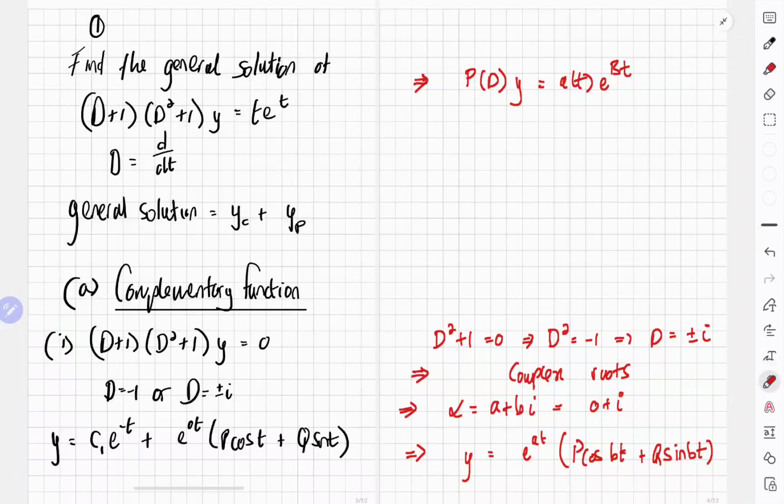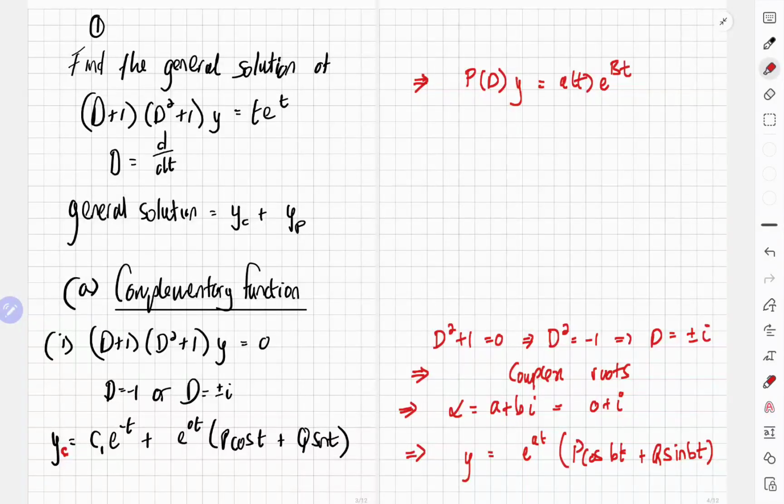Hence here, since my a is 0, I have e to the 0t, and since my b is 1, I have p cos t plus q sine t. And there I've done my complementary function. In exams we should indicate that we're doing the complementary function.